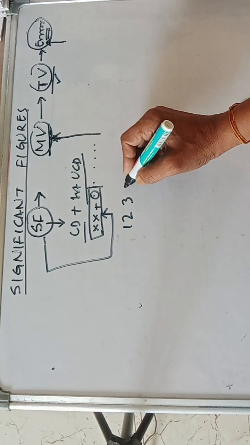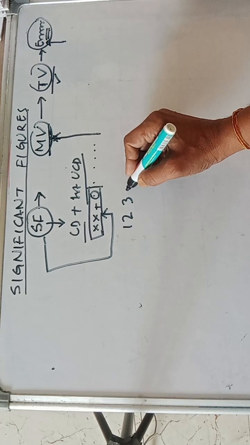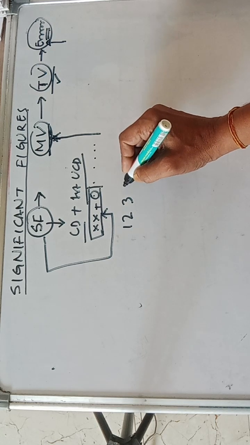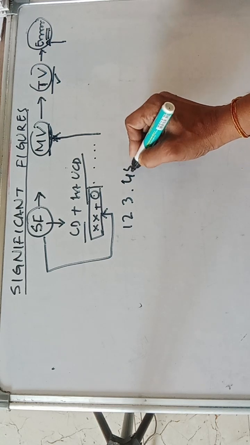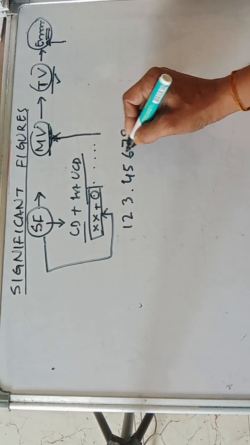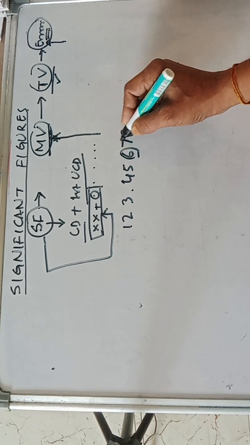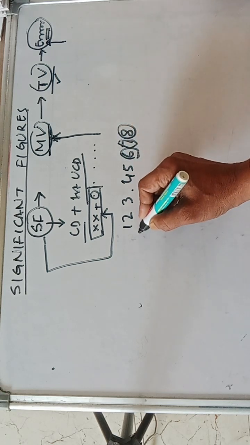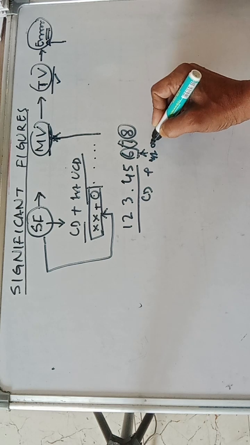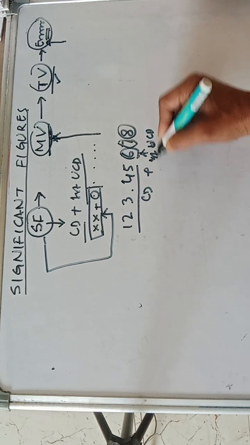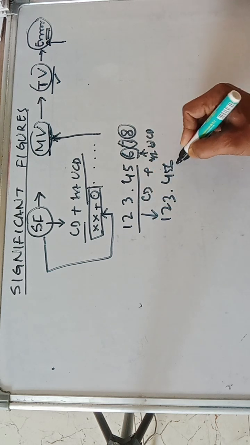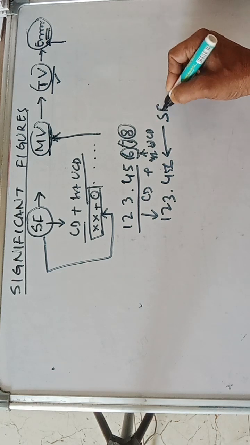After that we will have a lot of uncertain digits, let it be 4, 5, 6, 7, 8. These are all uncertain digits, right? Then we take the certain digits plus the first uncertain digit. That means it will become 123.4. This will be our significant figure.